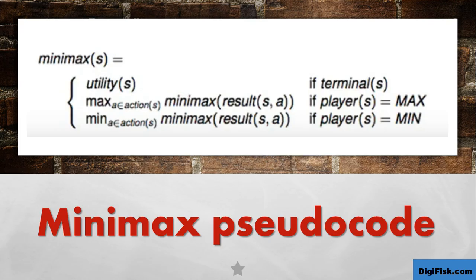For every single action, it will call the MiniMax function again. It'll run the MiniMax algorithm again for every single action in the actions of S list. If the actions of S list has 5 different actions, then this MiniMax algorithm will run another 5 times.